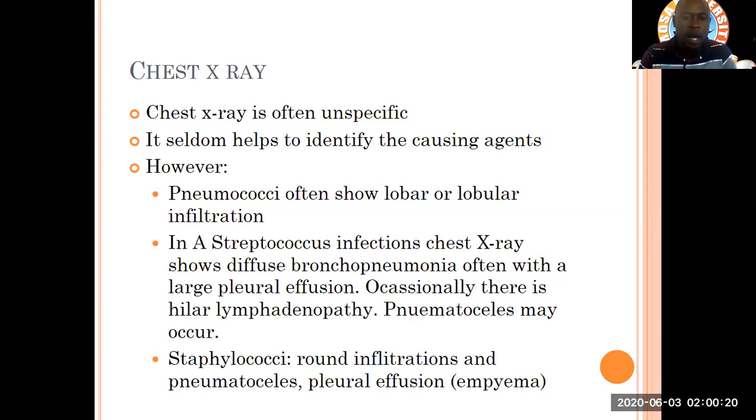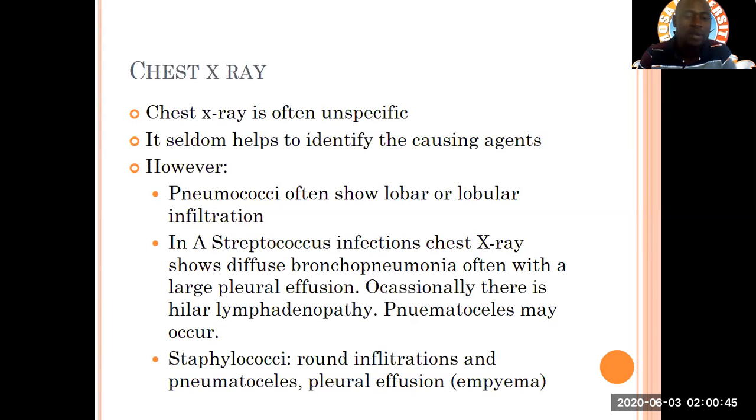However, the presentation of pneumococci may be shown on the X-ray either as lobar or lobular infiltration form of pneumonia. In group A streptococcus infections, the chest X-ray will show diffuse bronchopneumonia, which will show forms of large pleural effusion.